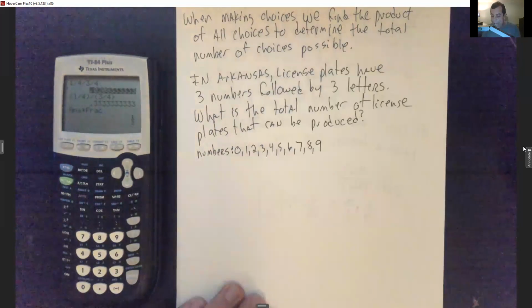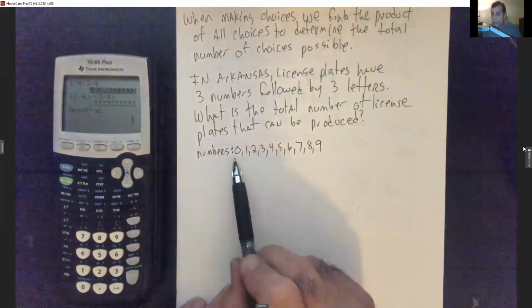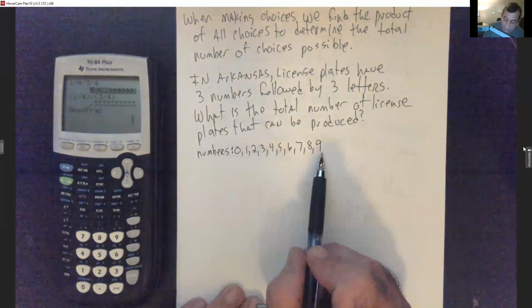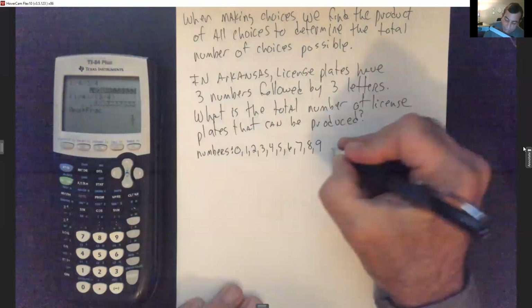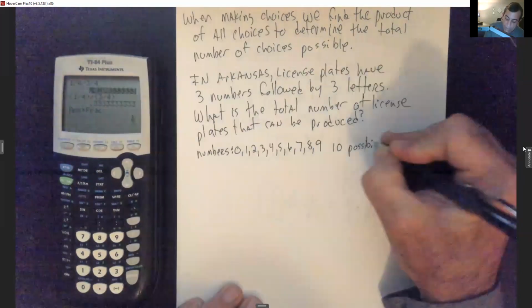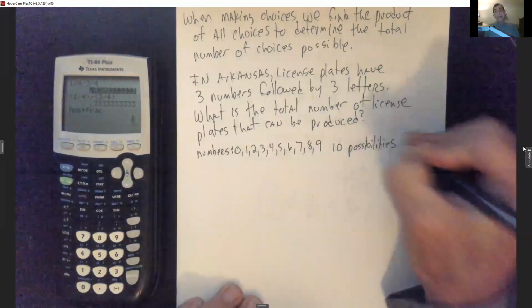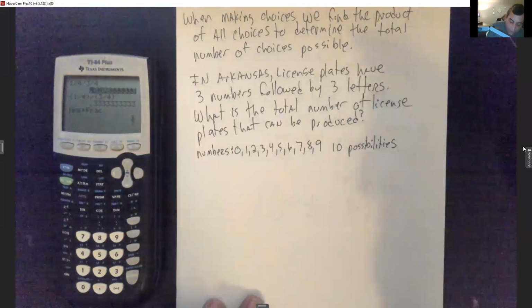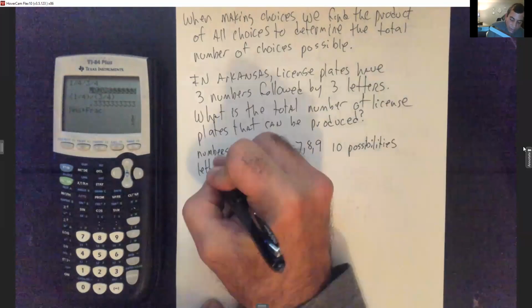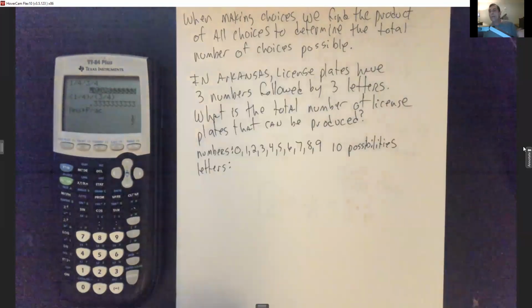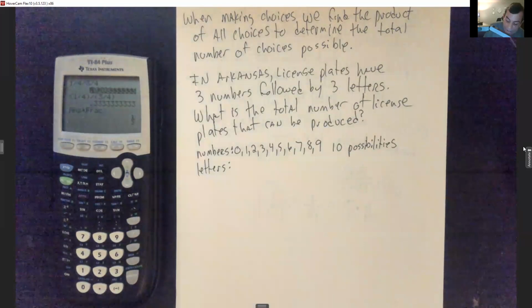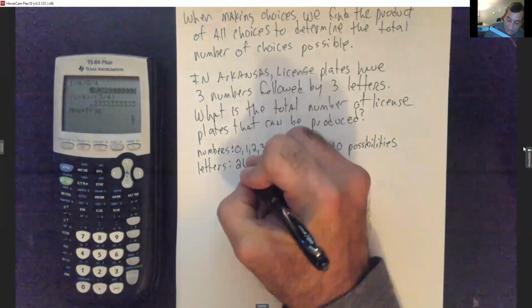So I got 10 possibilities on numbers. How about my letters? Well, let's see. How long is the alphabet? Because that's how many combinations I'll have on letters. From A all the way to Z is 26 letters.